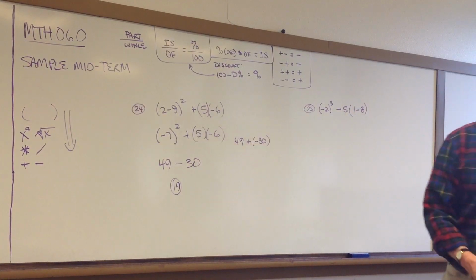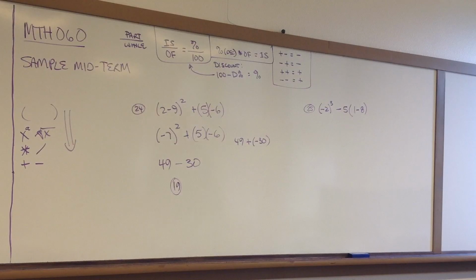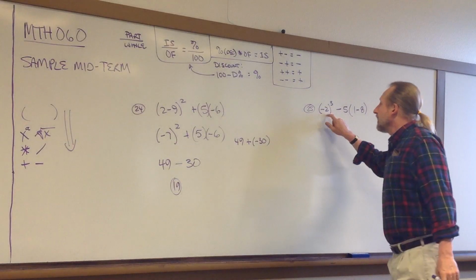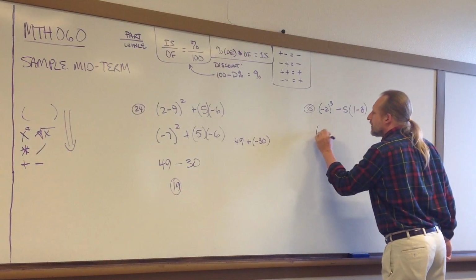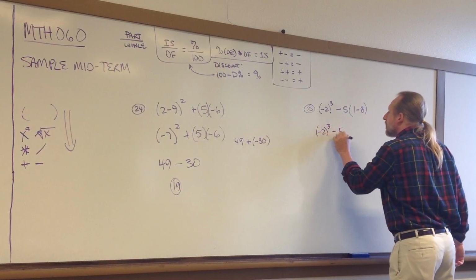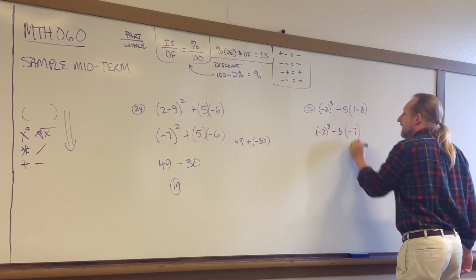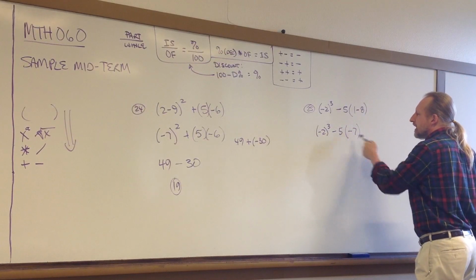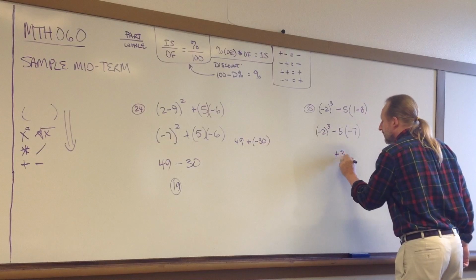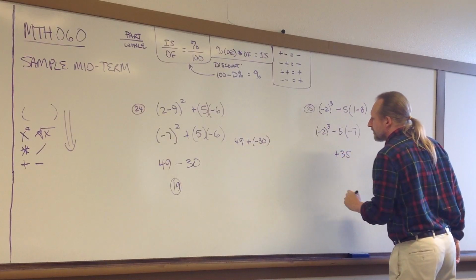So this parentheses just has a single number inside of it. It's all ready to go. This one we should calculate there. Minus 5. 1 minus 8 is negative 7. And then we want to do negative 5 times negative 7. That'll give us positive 35.